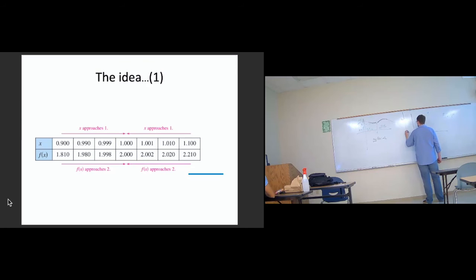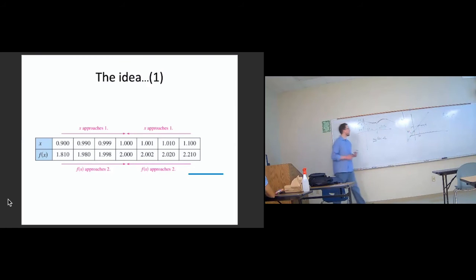This here is 1, 0. No mistake, 0, 1. And this here is x equal to 1. So this would be y equal to 2. All right.